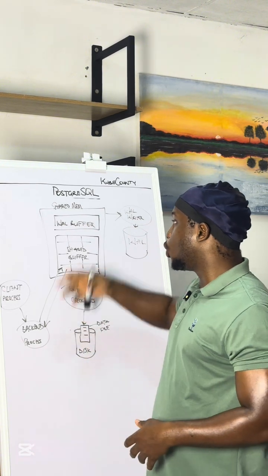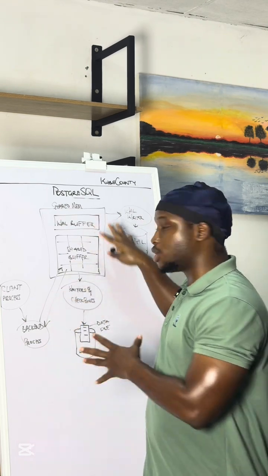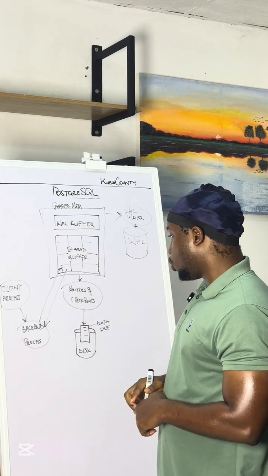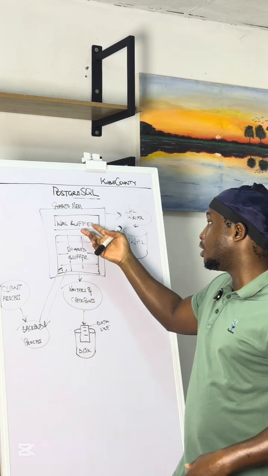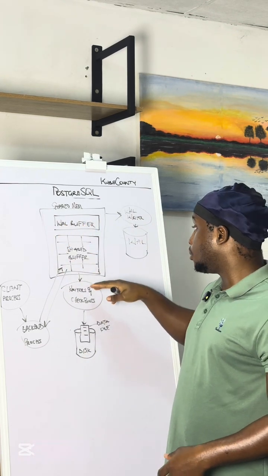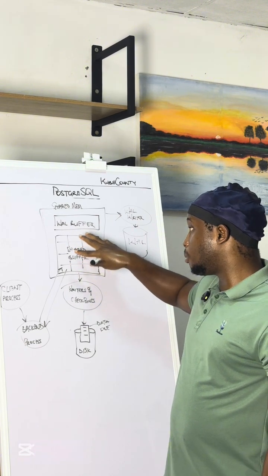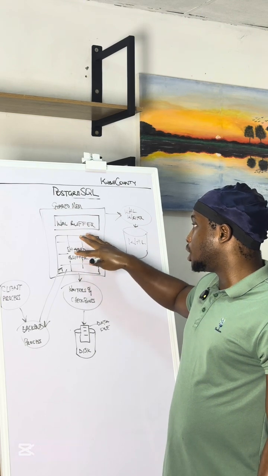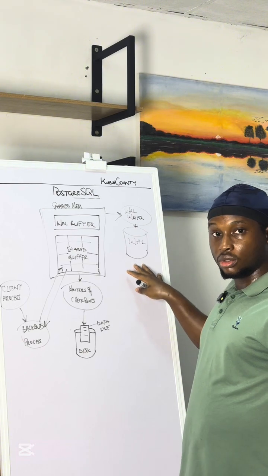Some people also go ahead and add a cache in the mix of this kind of architecture. So you have some other processes like the WAL, your write ahead log. What this does is, when an operation is done on some file in your database, before it is saved, that operation is written to the WAL storage.